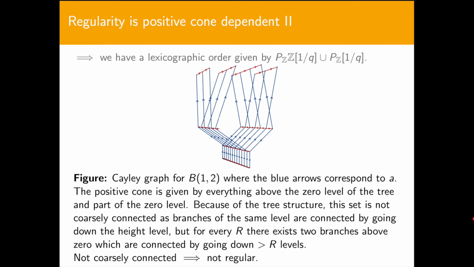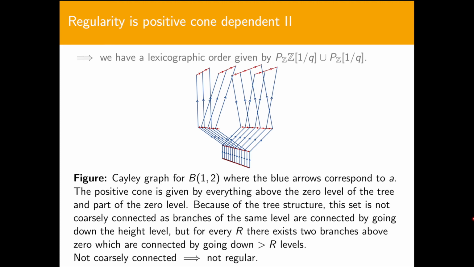Alright, so what does this lexicographic order give us? Why does it give us that this positive cone is not regular? So here in this figure, we've drawn the Cayley graph of BS(1,2), but this generalizes to BS(1,q).